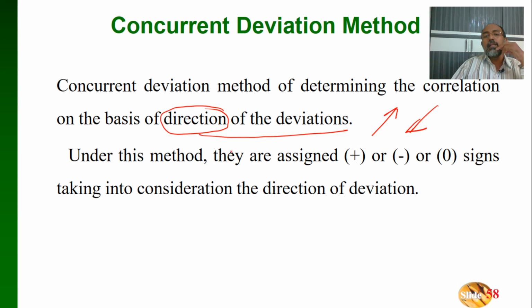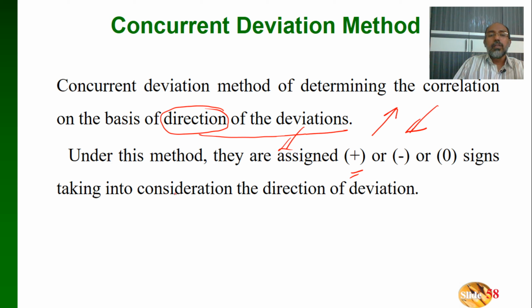Under this method, the concurrent deviations are assigned plus, minus or 0. 0 means where there are equal values in the previous and the present, then it is 0.